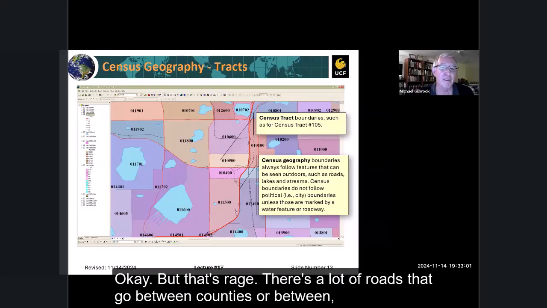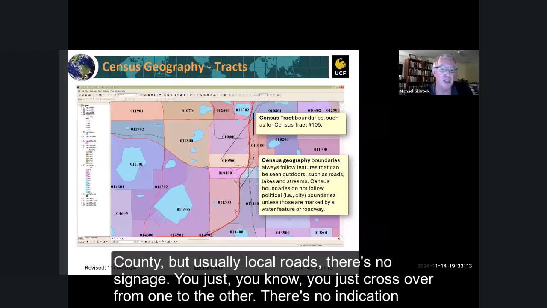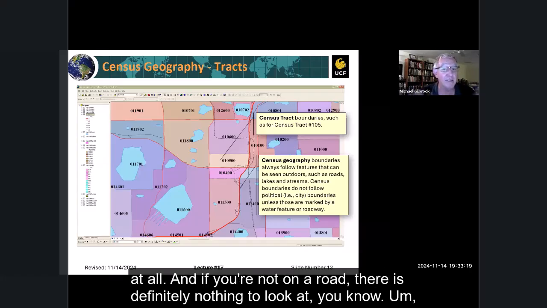Yeah, okay, but that's rare. It's more often that on something like an interstate there'll be a sign that says now entering Orange County. But usually on local roads, there's no signage. You just cross over from one to the other. There's no indication at all. And if you're not on a road, there is definitely nothing to look at.